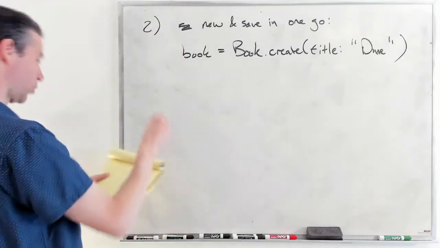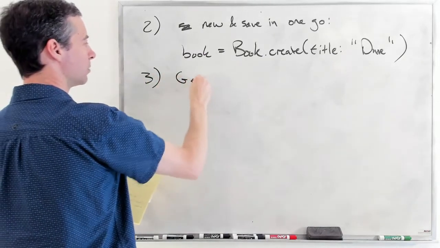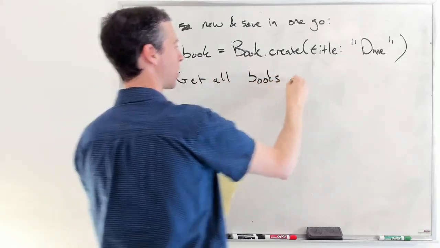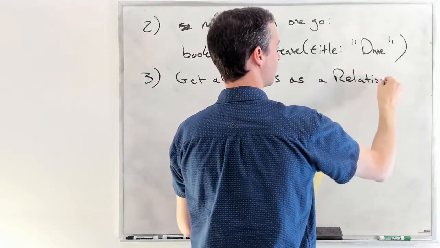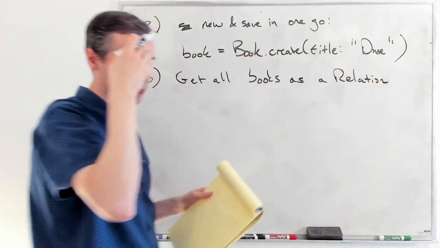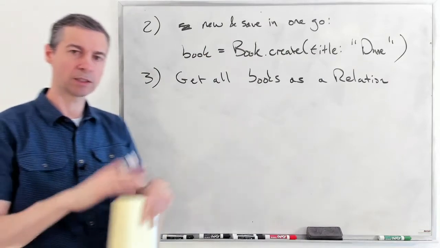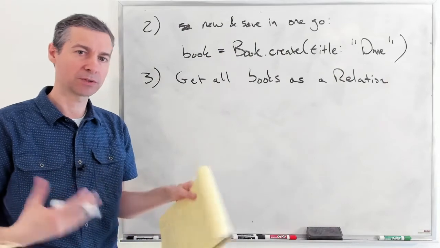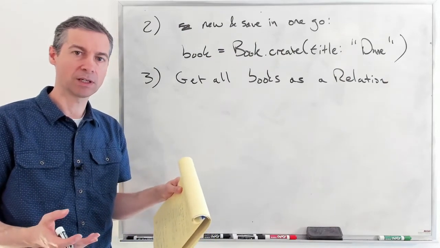We can also query. Let's say we want to get all the books as a relation back. It's important to note that with ActiveRecord, some of our commands will give us back an ActiveRecord relation where we can do other sorts of SQL-like commands on them.